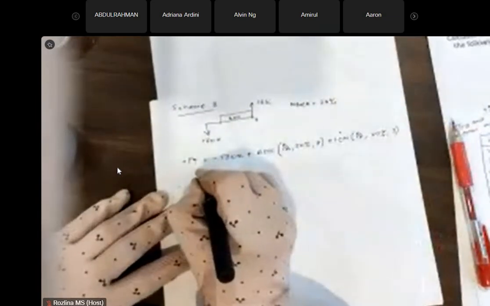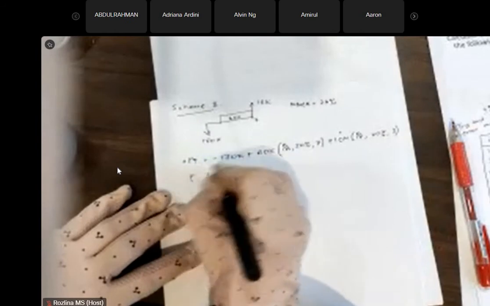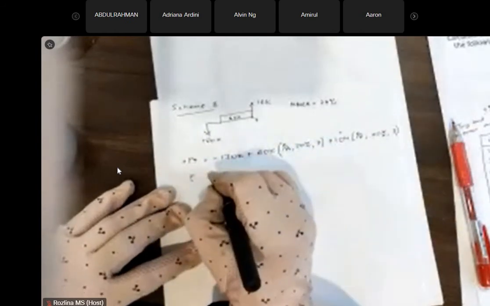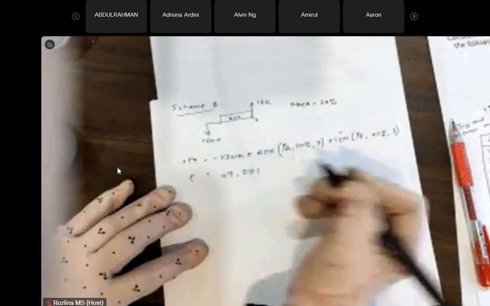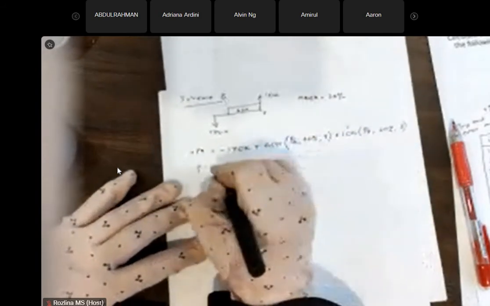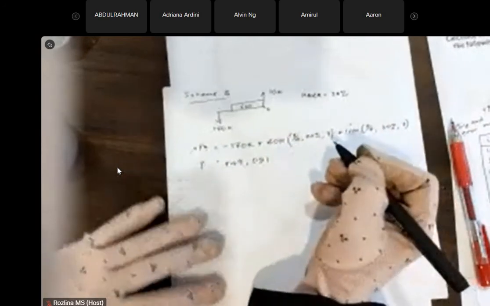When you settle all the numbers here, you will get 49,091, positive.